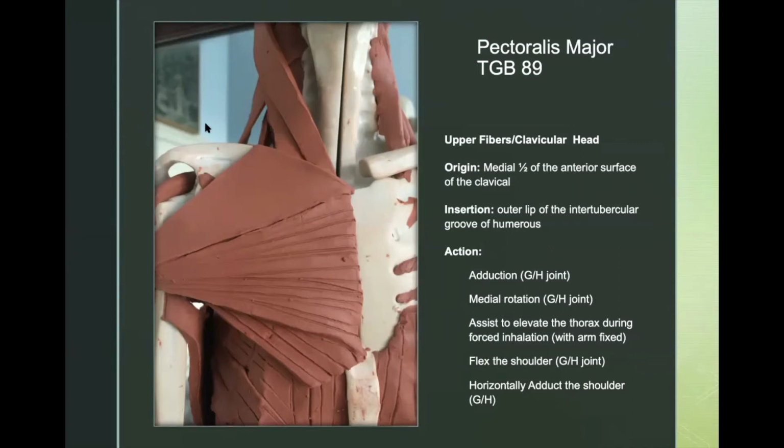So it's going to bring that humerus upwards. And remember this piece down here, if the humerus is flexed and say the arm is up overhead, both of these pieces actually, they're going to help to extend the arm back down. Then this piece also helps to horizontally adduct the shoulder.